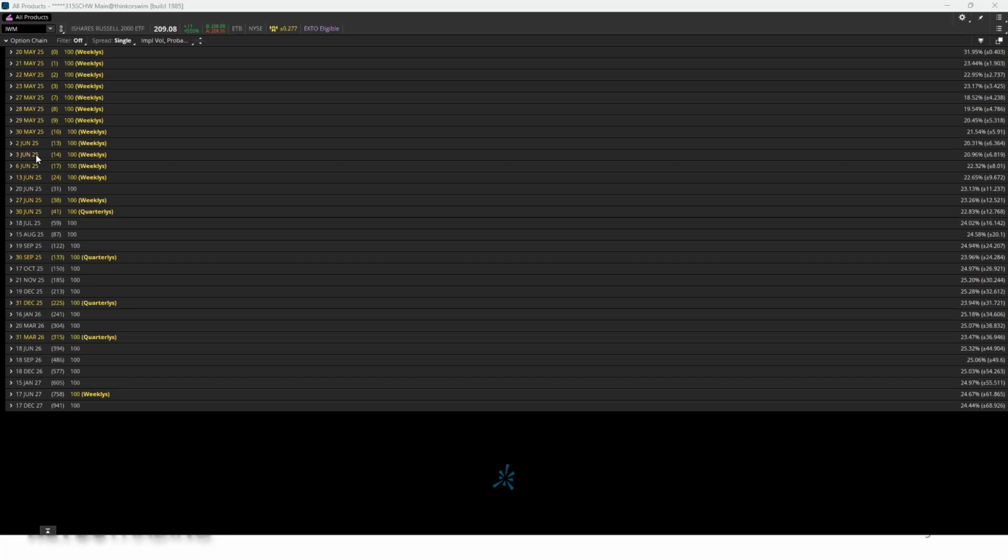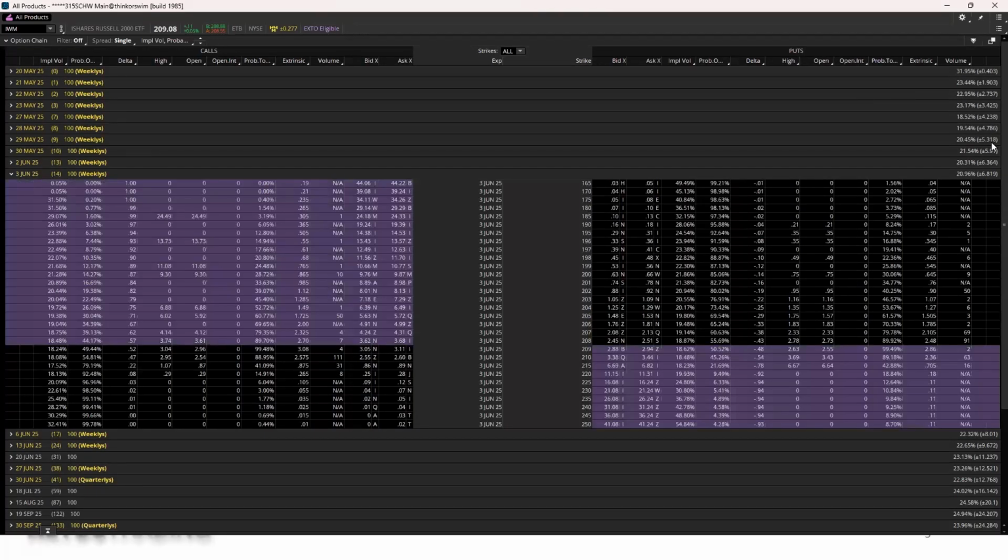I'll just go out to give an example. Again, this was done back on May 2nd, but we'll focus more on the adjustment component, looking at probability. I'll typically establish a spread with a short strike around a 20 delta.